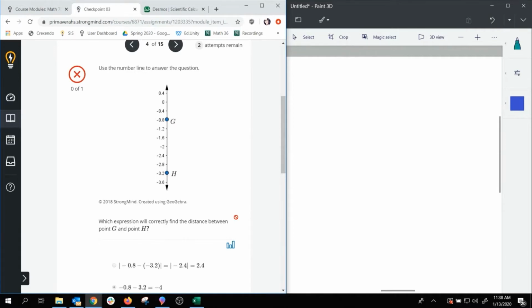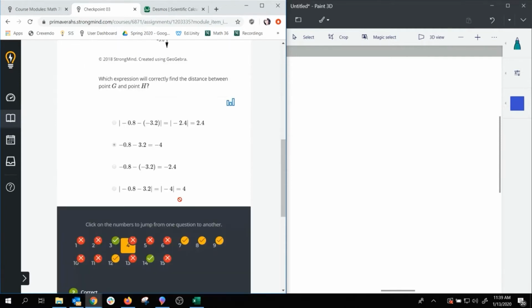All right. So here we have another number line, and we want to know which expression correctly finds the distance between point G and H. So when you're finding distance and you're picking an expression like it's asking you to do here, there's a few things that you can check for that will probably knock a few answers off immediately. The first thing is that you should always have absolute value signs.